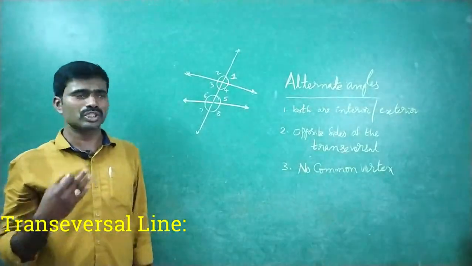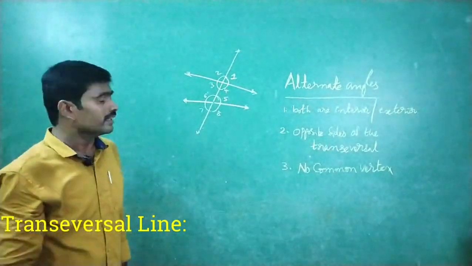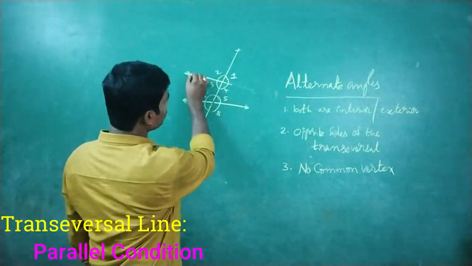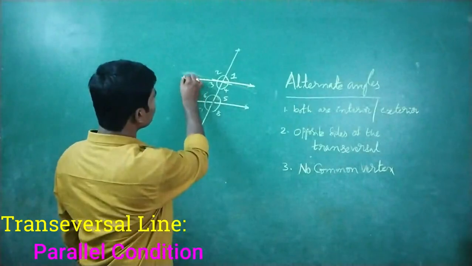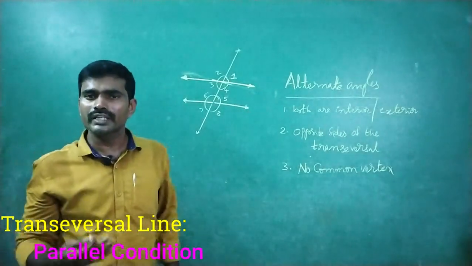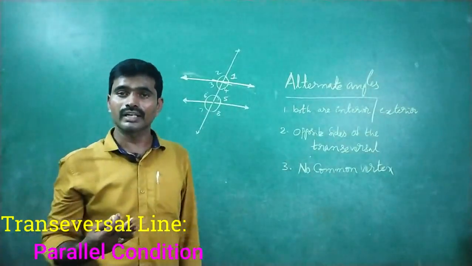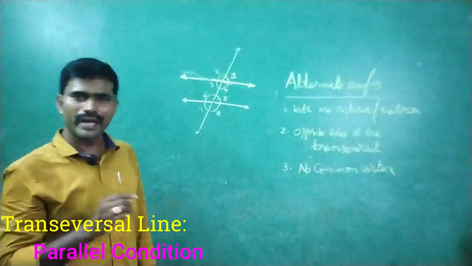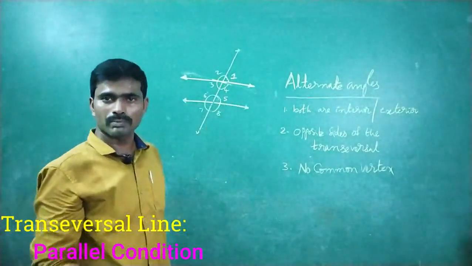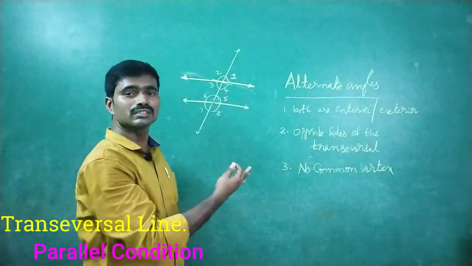Here we go to the main topic. If a transversal intersects two parallel lines, if these two lines are parallel, then all corresponding angles are equal, all alternate interior angles are equal, all alternate exterior angles are equal, and the interior angles on the same side of the transversal are supplementary. The sum of the interior angles on the same side of the transversal is supplementary.